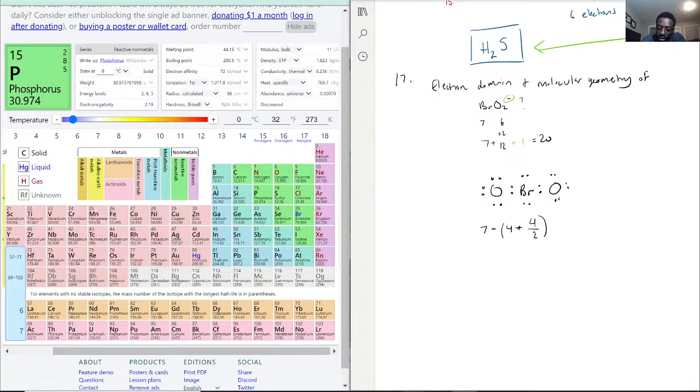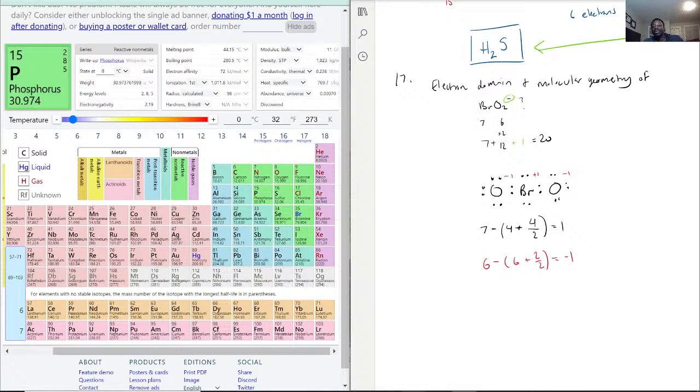So 7 minus 4 minus 2 gives a formal charge of plus 1 on bromine. Then we do the same thing for the oxygens, but this time it's 6 minus 6 minus 2 over 2. That's 7 in total, so it's minus 1.